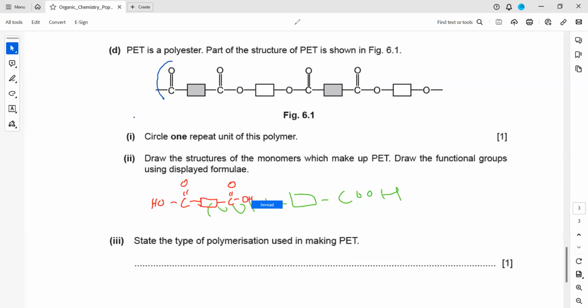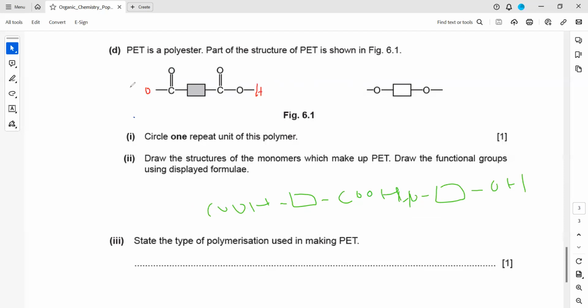So what we can do is draw the dicarboxylic acid, and then the diol. This is one monomer, this is another monomer. They combine and they will form the polymer. What type of polymerization is this?